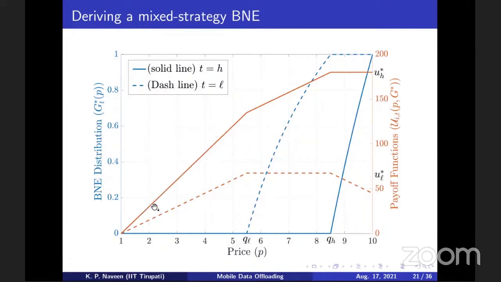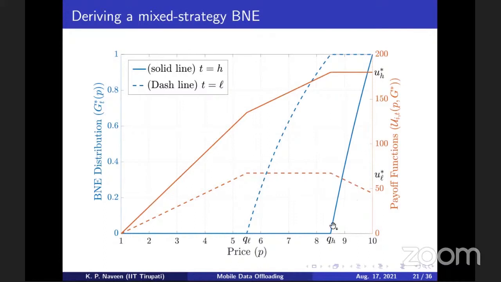Here we have two distributions. These are candidates, and we have to determine whether it's a Bayesian Nash equilibrium or not. This is the distribution, and as I vary the price, this is the utility that I achieve corresponding to that distribution. If you see, in the domain of this distribution the utility remains constant, and outside the domain it is lower than this constant.